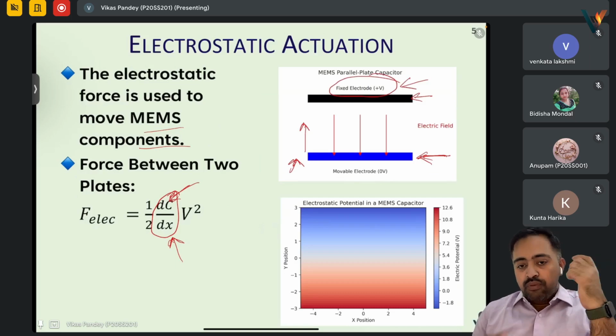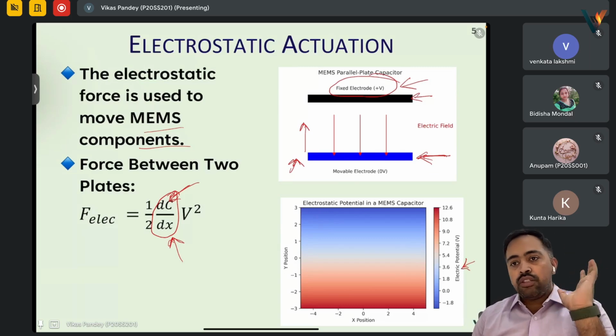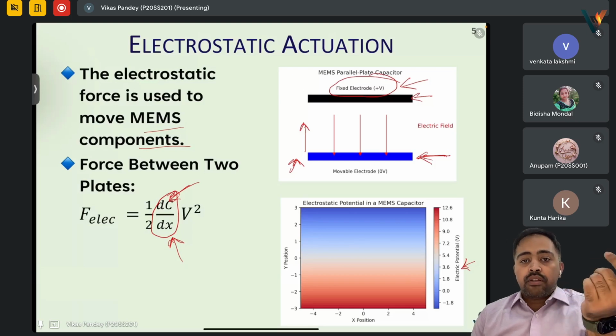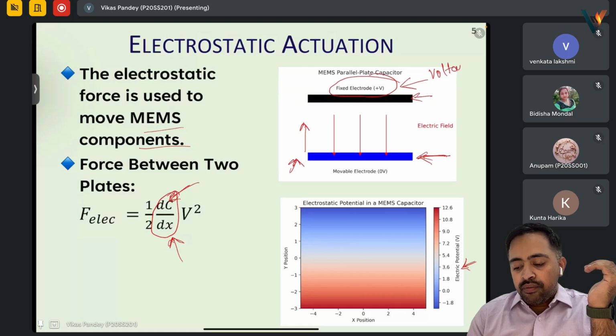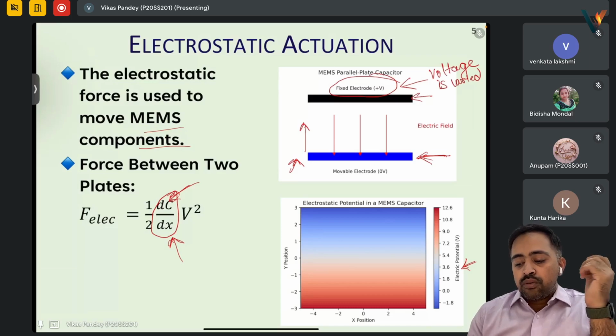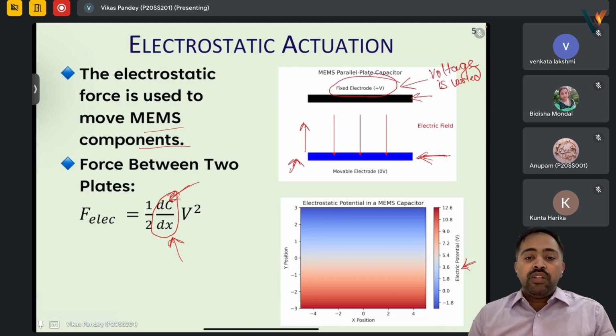If we plot it in terms of the electric potential given on the fixed electrode, the moving electrode is at 0 volt, that is fixed. Fixed electrode means the position of the electrode is fixed, but the voltage is varied. So the control signal will be in terms of voltage pulses, or voltage levels that are different. So if we see a plot of this, how the position will change.